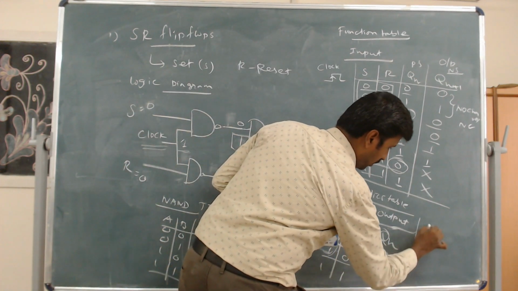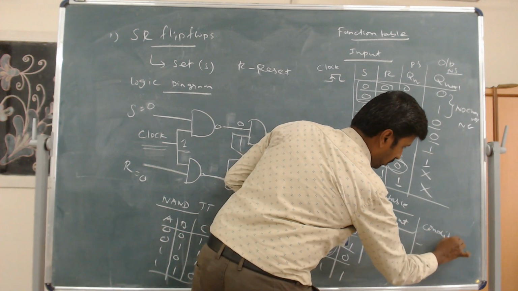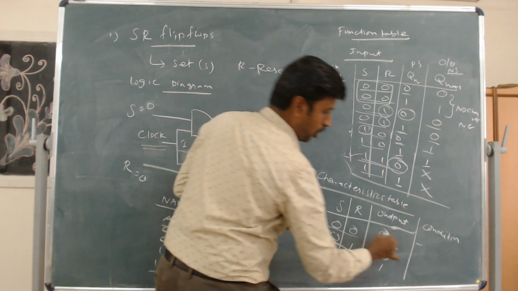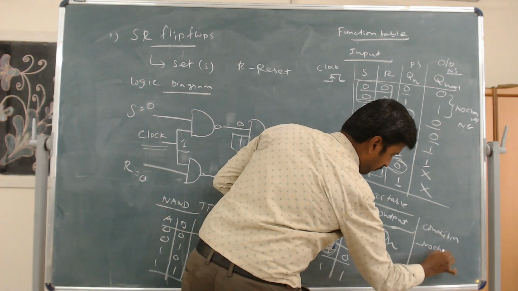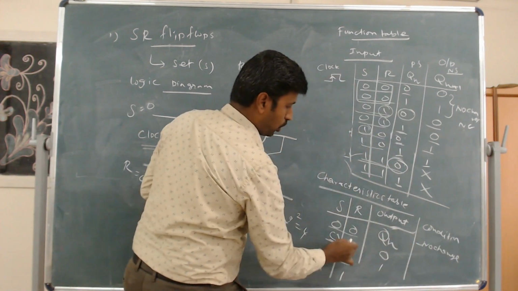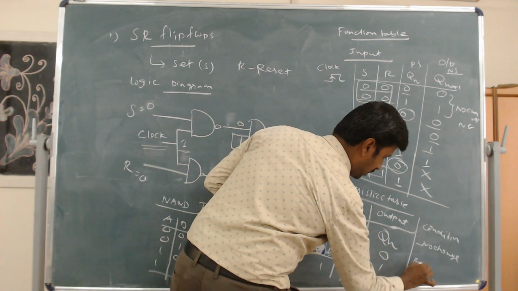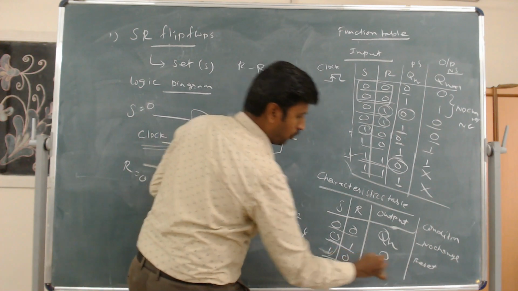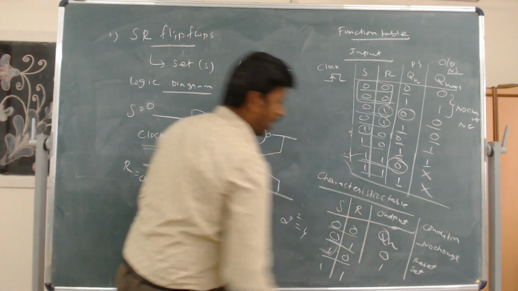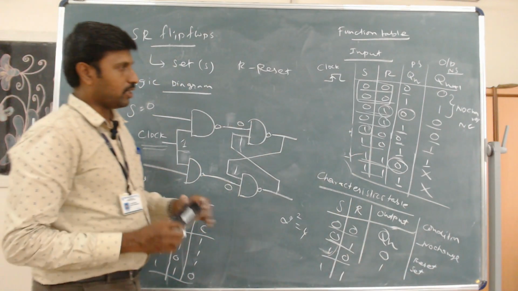So the condition 0 0 means Q of n, the no change state. 0 1 is the reset state, and 1 0 is the set state. And what is the case for 1 1?